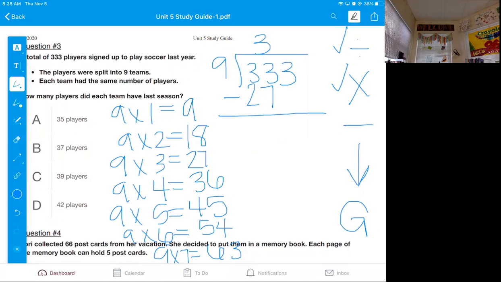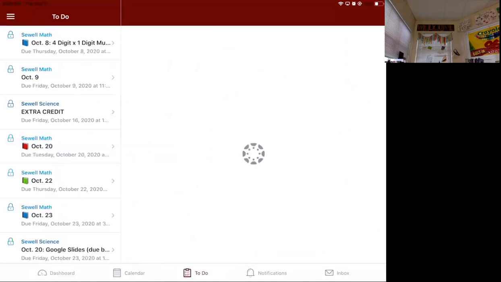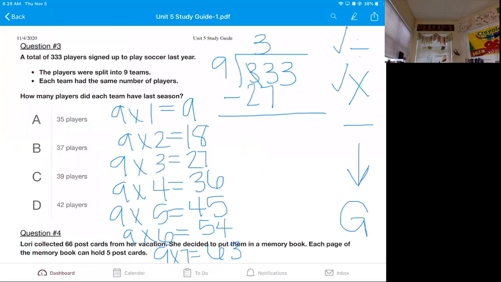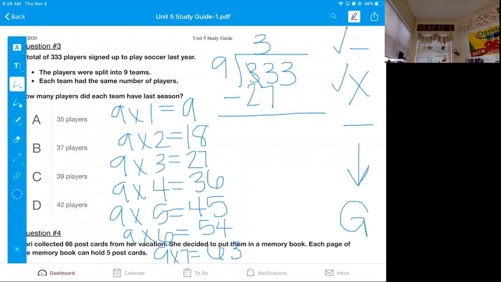So if I regroup, this 3 becomes a 2. I have to borrow from it, and the other 3 turns into a 13. Okay. So now I can subtract 13 minus 7, and I get what? 6. All right, and then 2 minus 2. 0.